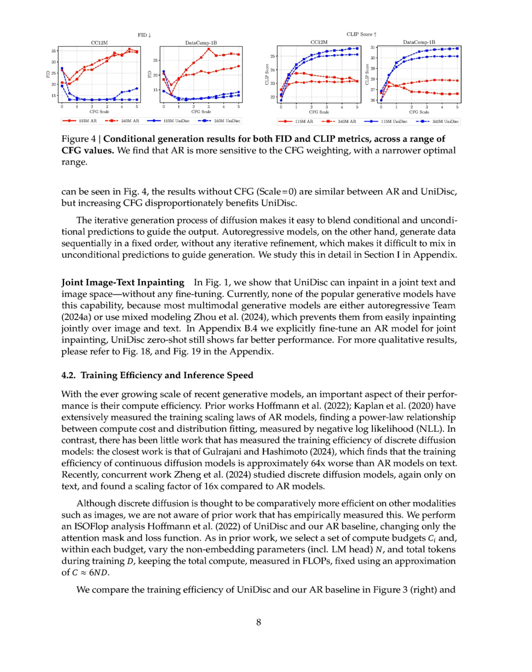Firstly, UniDisc achieves higher Fréchet inception distance (FID) and CLIP scores compared to AR models, indicating superior generation quality attributed to classifier-free guidance (CFG), which allows for effective blending of conditional and unconditional predictions during the iterative generation process.